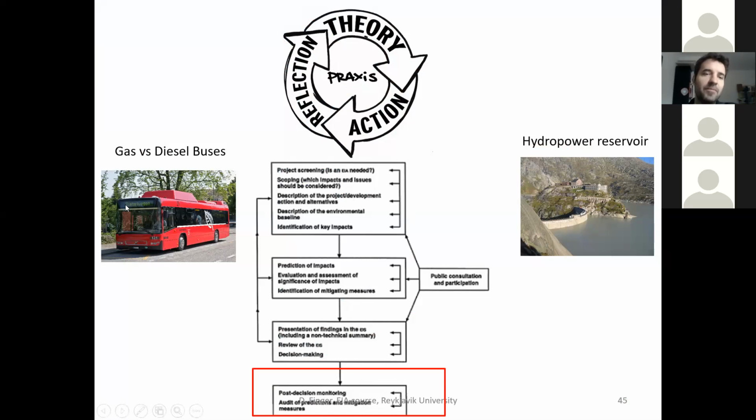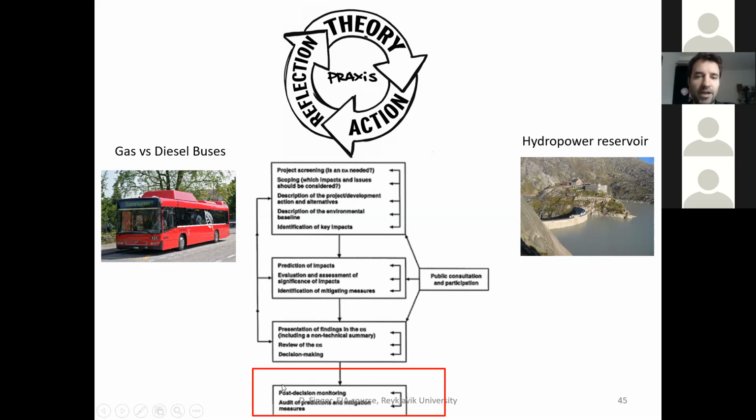This was actually a post-decision monitoring. Here you have again the entire environmental impact assessment process, and in the first project I'm going to present, we already went through the entire process and were at the end, because the company operating the buses came back to us and said, we need a post-decision monitoring of the environmental impact statement, where we would really like to see some of the concerns raised by stakeholders, especially some of the politicians and local residents, addressed.